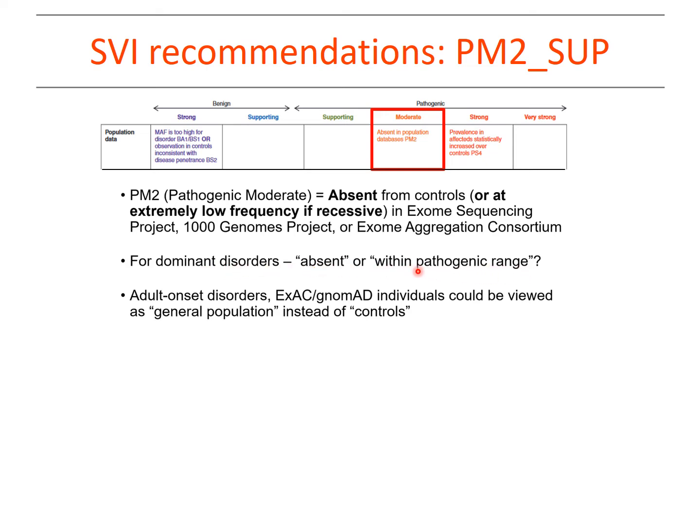So they suggest that it should not be absent, because for adult onset disorders, like in ExAC and gnomAD, all the individuals are the general population, and they are not healthy controls. It is clear-cut that for adult onset disorders or reduced penetrance disorders, you will definitely have individuals in the gnomAD database. For example, breast cancer, they are after the reproductive age, so you would expect to have variants there.